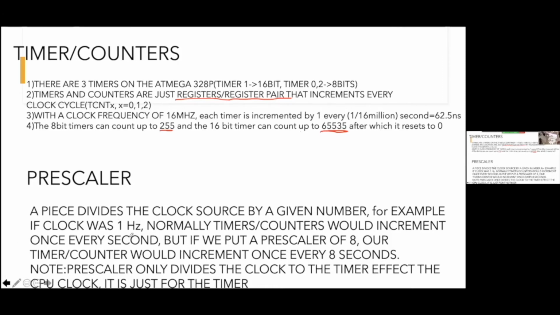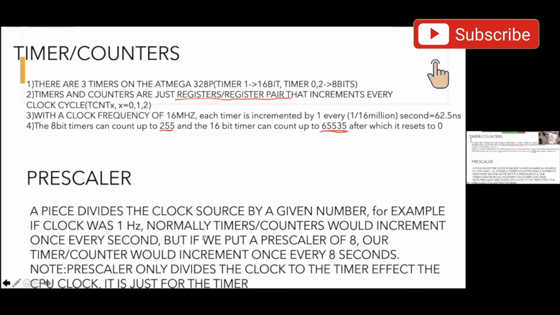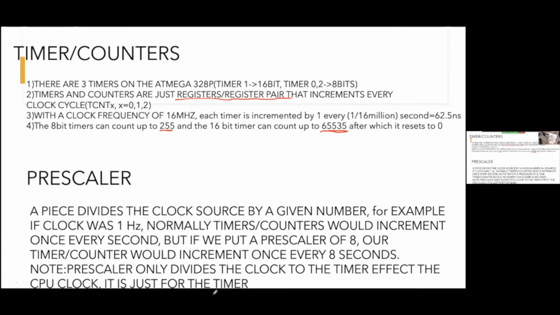So 8 clock cycles will be required for them to increment if you prescale by 8. Prescaling basically means dividing the clock. Prescalers only affect the clock for the timer. The CPU keeps running on its clock frequency, i.e. 16 megahertz.